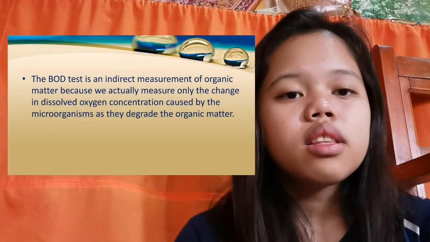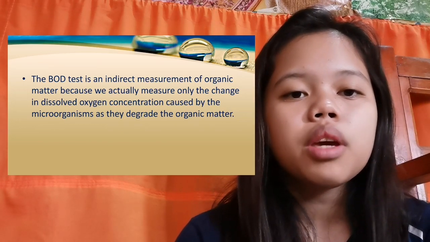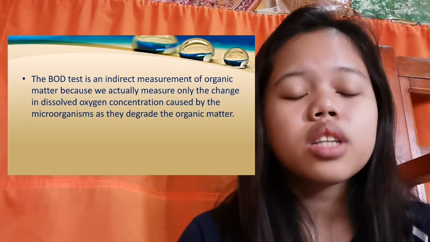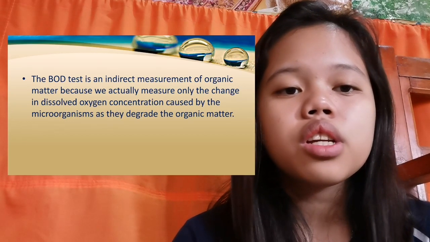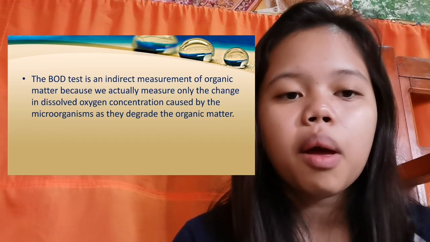The BOD test is an indirect measurement of organic matter because we actually measure only the change in dissolved oxygen concentration caused by the microorganisms as they degrade the organic matter.